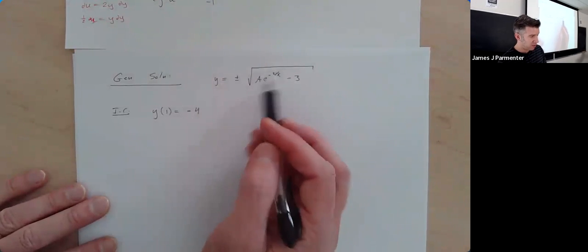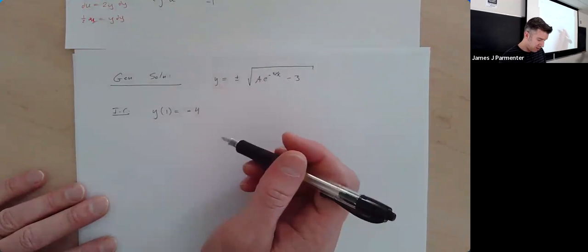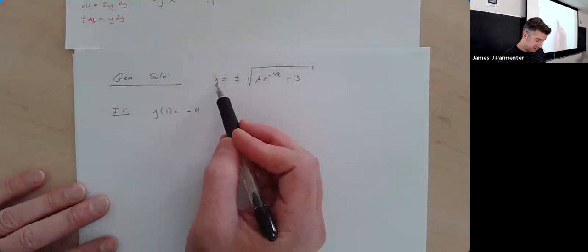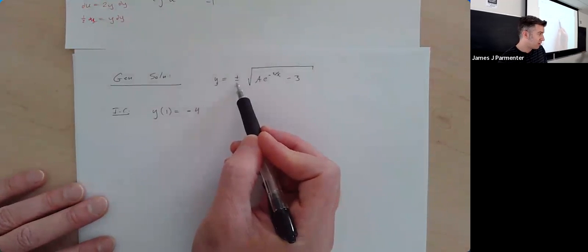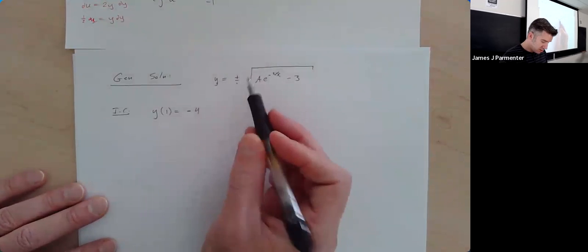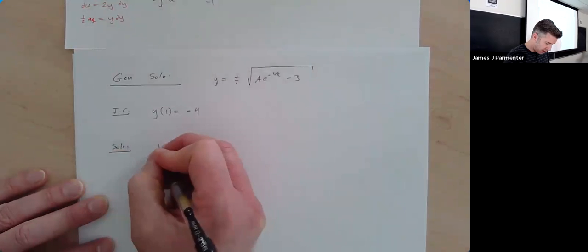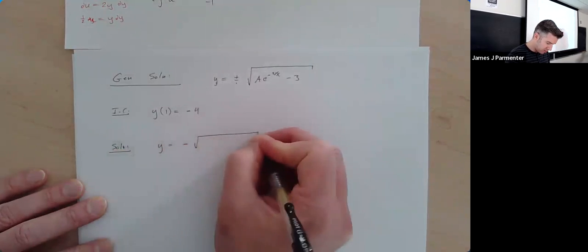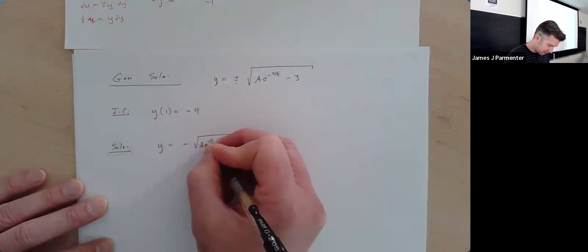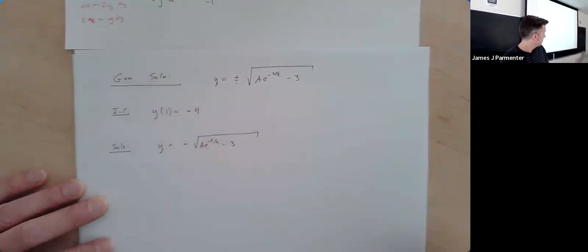Do I want the positive part or the negative part? Well, for y to be negative, it has to be the negative part. There is no other option. So we know that our actual solution is going to be y equal to negative square root of a e to the -2 over x minus 3.